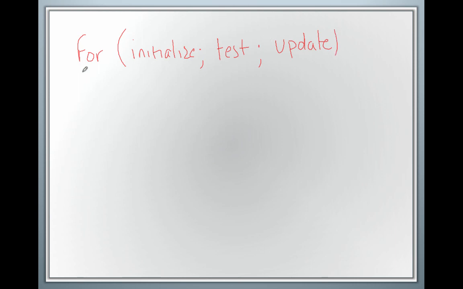All right, so let's just review once again that there are three kinds of loops. There are for loops, and the way for loops are set up, you have initialization, test, and update, all within the header of the for loop, which is very helpful because it helps you to remember when you're designing your loop.